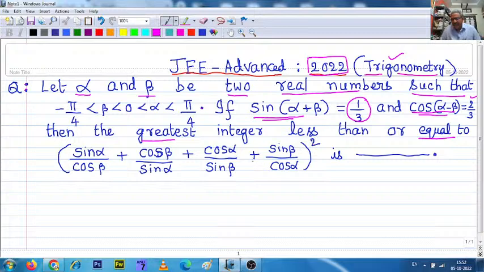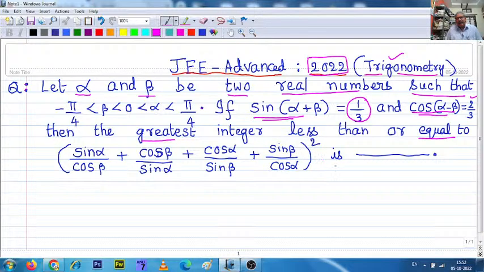So we are asked to find the greatest integer less than or equal to (sine alpha by cos beta plus cos beta by sine alpha plus cos alpha by sine beta plus sine beta by cos alpha) whole square.